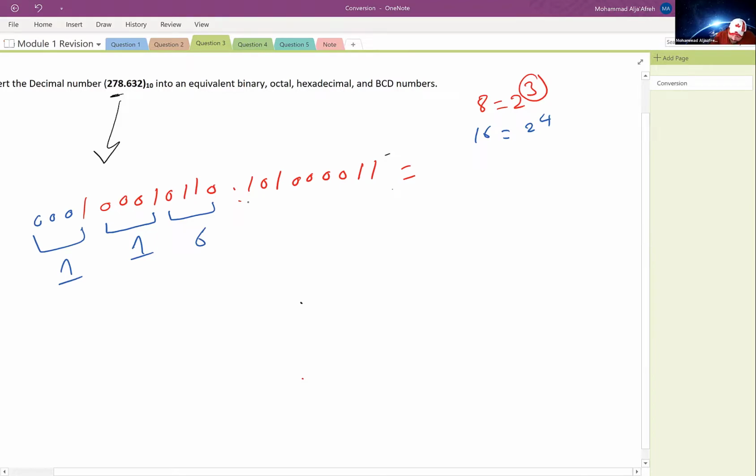Okay, and this one I have to group from left to right, so all these 4, and again I have a poor 1 here with no friends. So what I have to do is add a 0 to the right, after the radix point, that doesn't make any difference, because 0.5 half can be represented by 0.5, 0.50, 0.500, and it still has the same weight, okay?